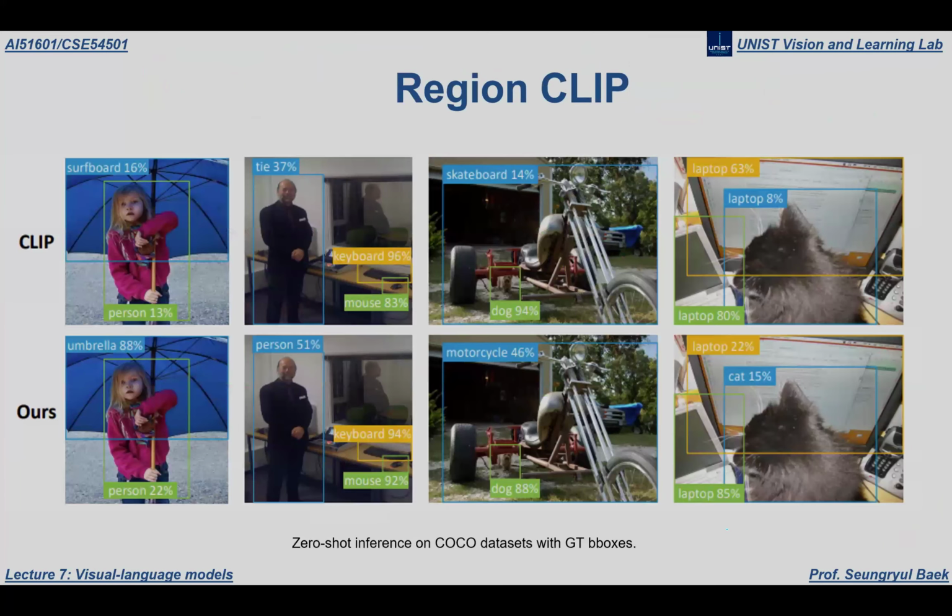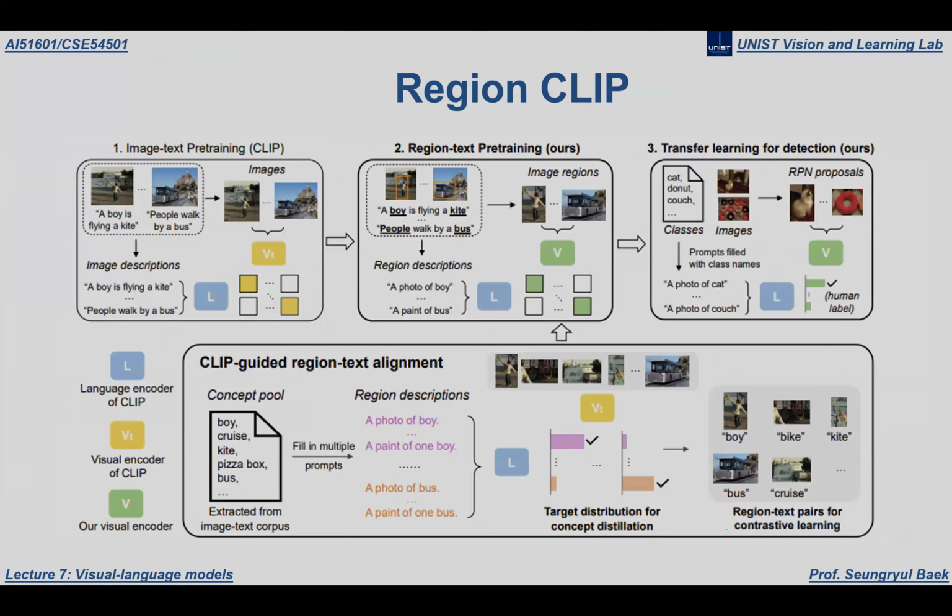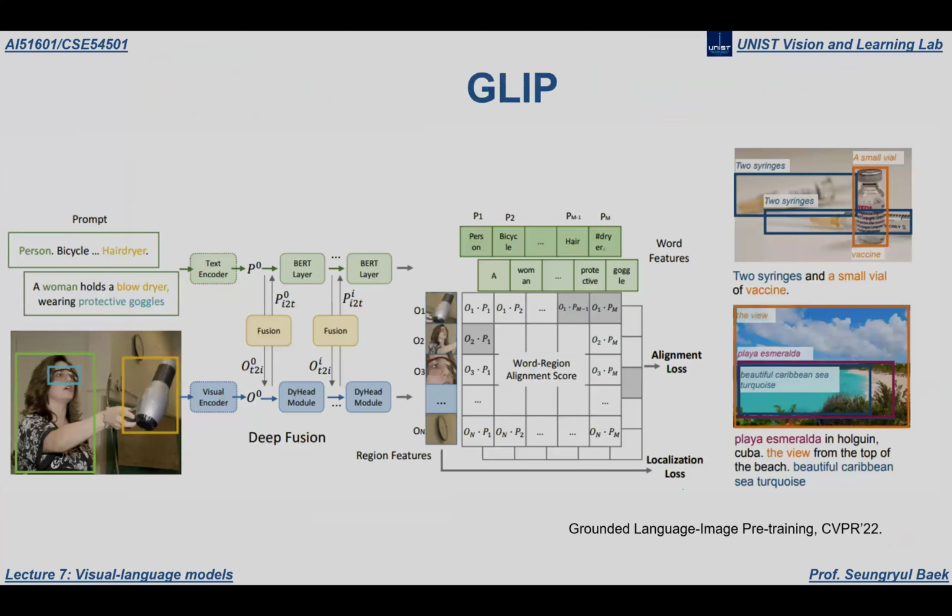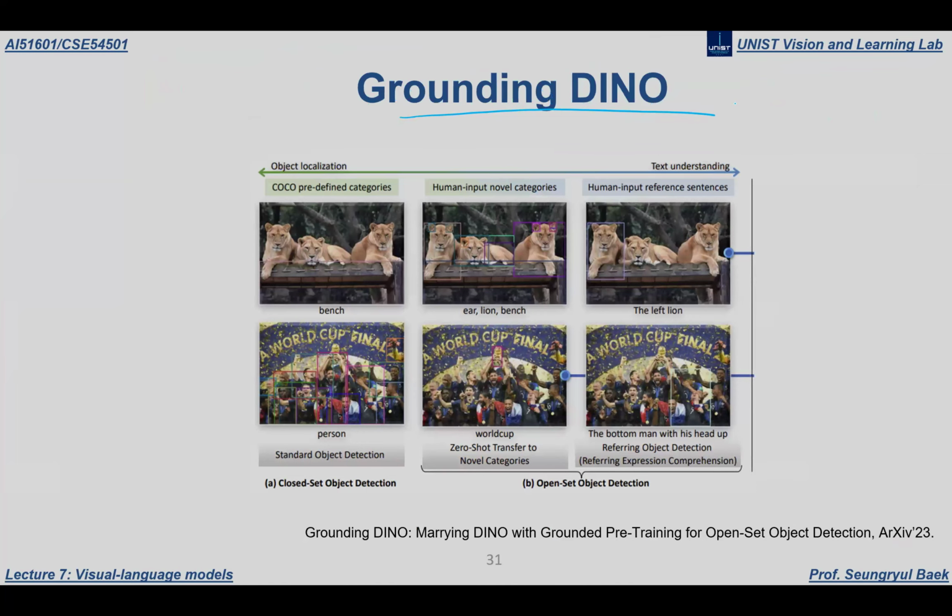Also, there are some approaches that extend CLIP toward the object detection task. This is Grounding DINO, which extends the DETR variant. DINO is an updated version of the DETR that we learned today.